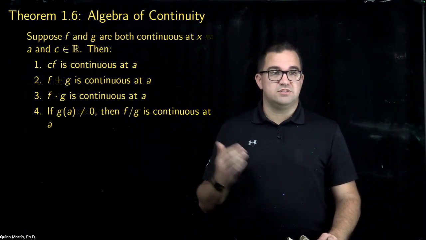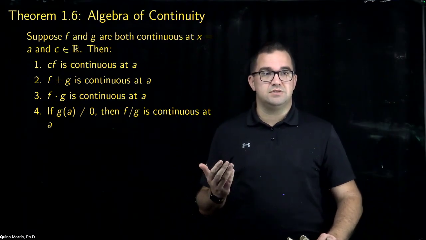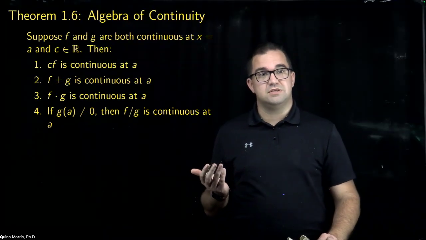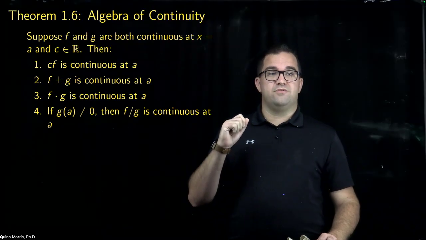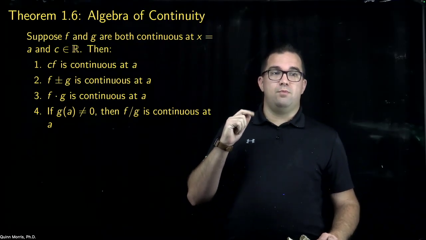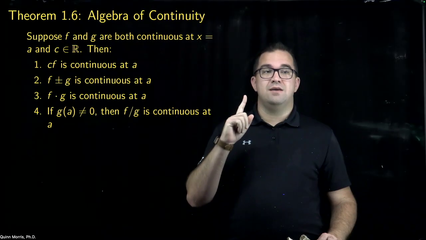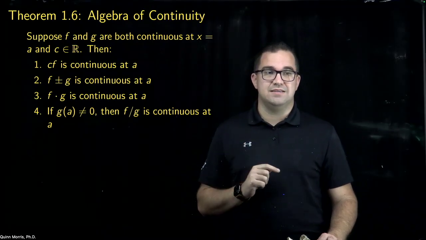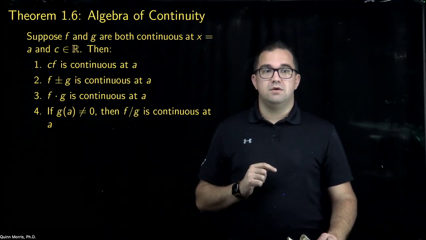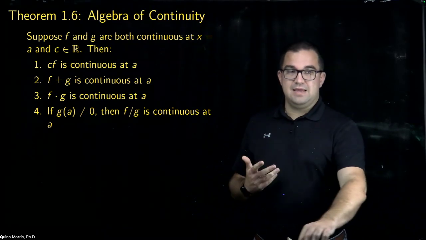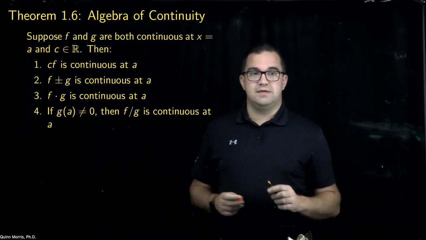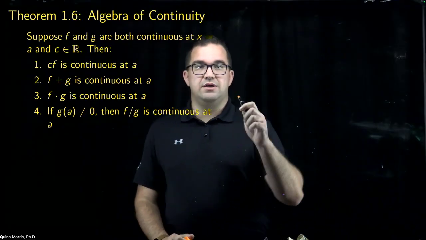The sum or difference of two continuous functions is continuous. The product of two continuous functions is continuous. And if I take the quotient of two continuous functions, then they will be continuous at x equals a, so long as g of a is not 0, right? This is really nice. It follows immediately from the definition.